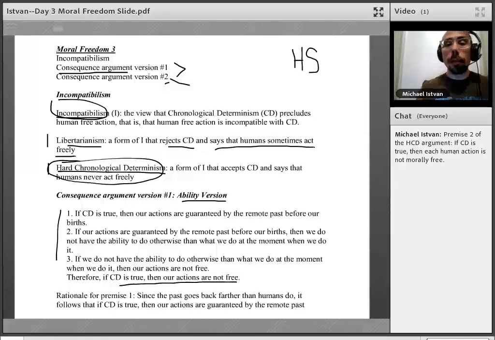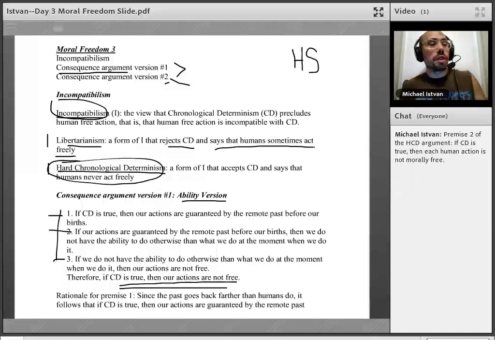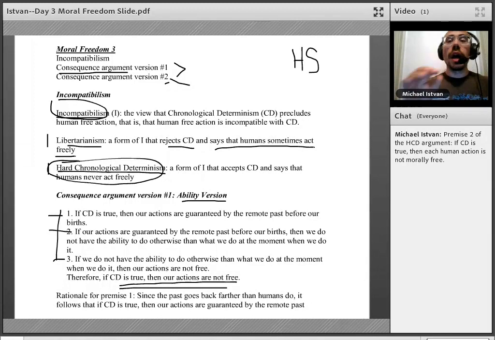If all you knew coming into this class was that 1 is true, and that 2 is true, and that 3 is true, would that be enough information for you to know for sure that the conclusion is true? Hell yes. That's what it means to say that it's a valid argument. So the only way that this argument can fail to be sound is if what? At least one of the premises is false.